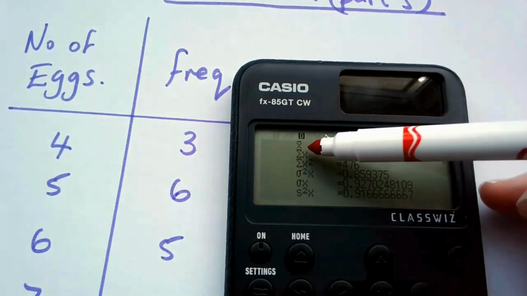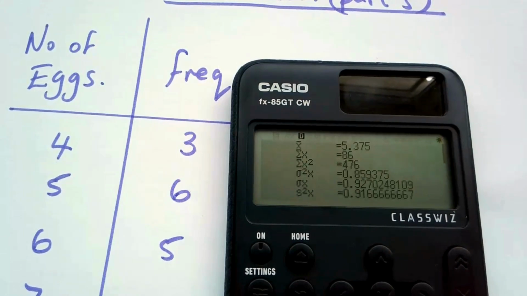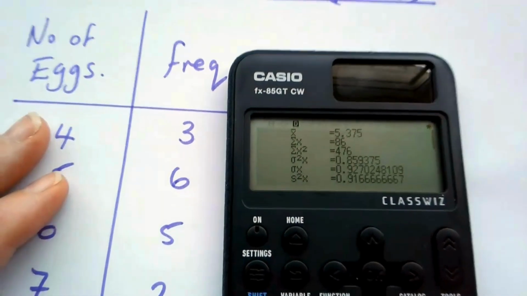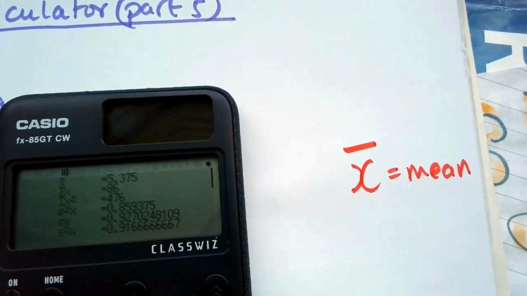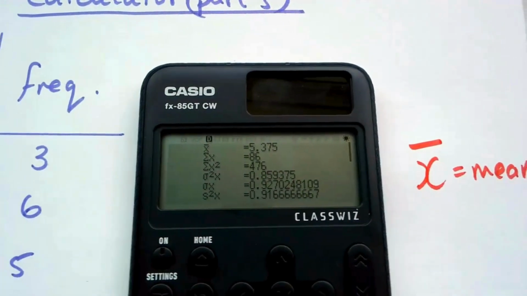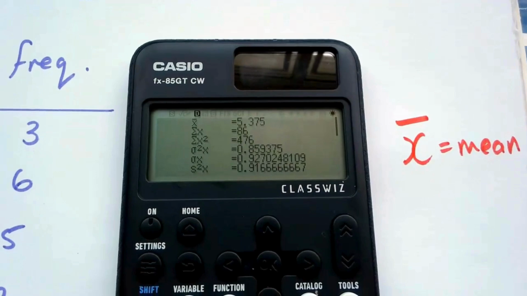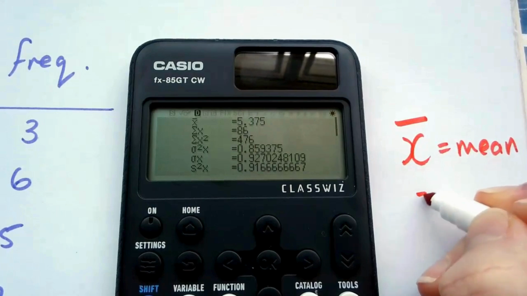This symbol here, which is x bar, means mean. So the very top one is the mean value. I'm just going to move over a little bit here. So the very first value that you're given is the mean. Now we've got that value, so our mean value is worked out already.